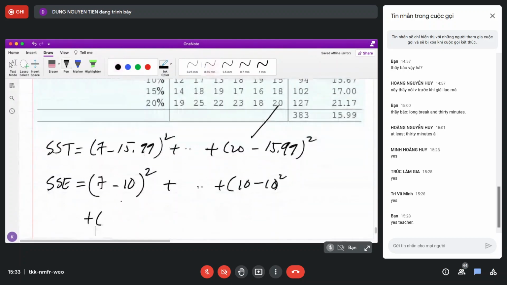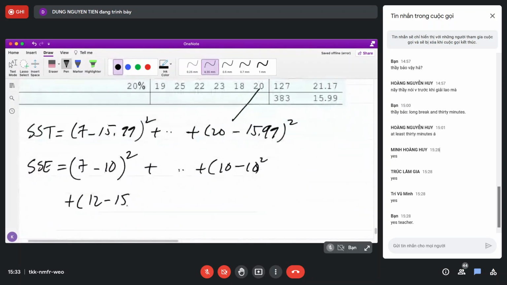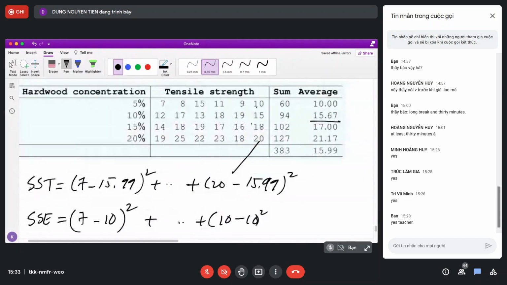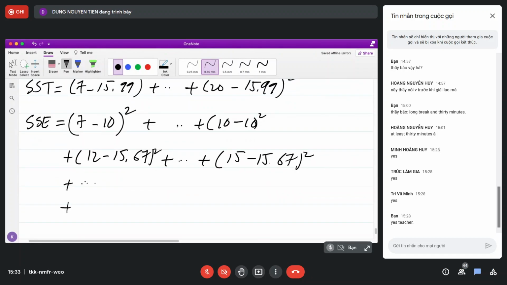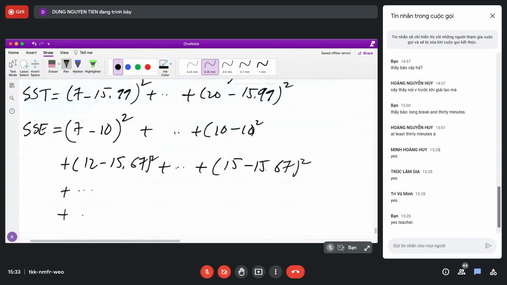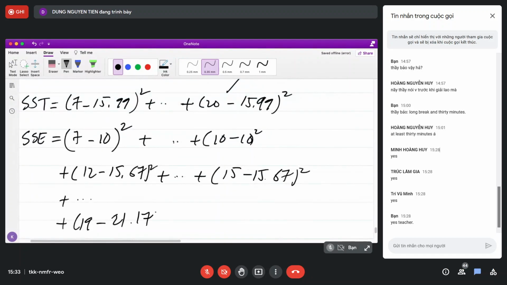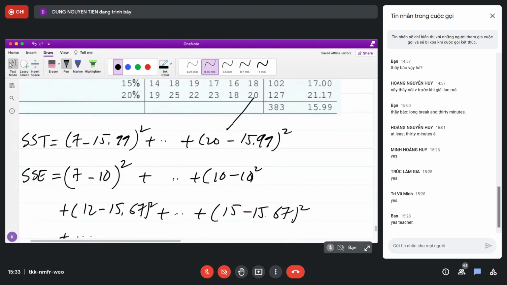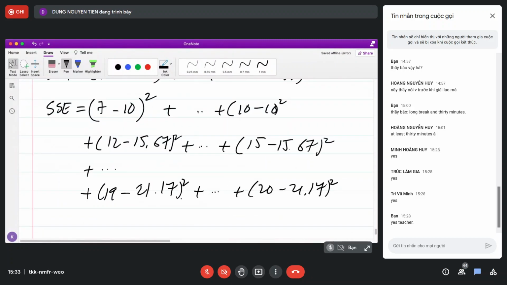Then plus, for the second group, (12 minus 15.67) squared plus (15 minus 15.67) squared, and so on. And then for the last group, you get (19 minus 21.17) squared plus, for the last one, (20 minus 21.17) squared. Do you understand? Okay.